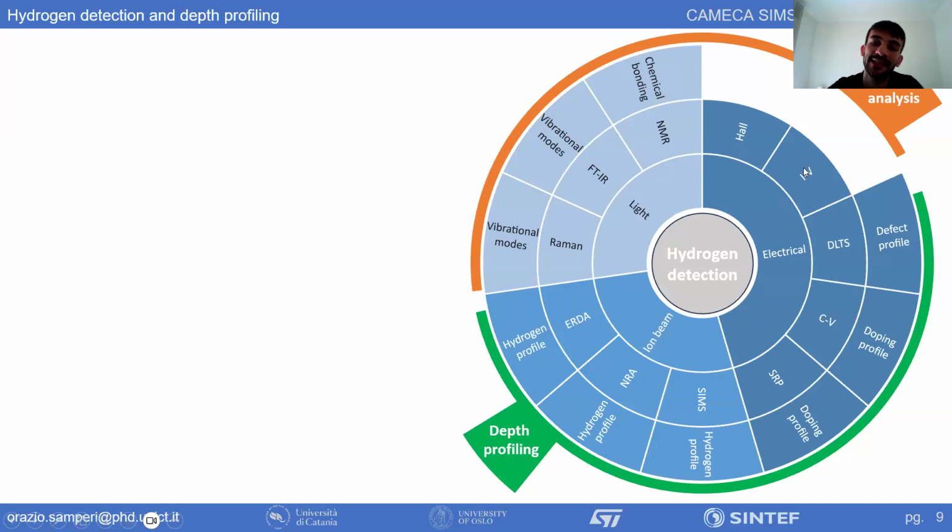But these techniques are not suited to make profiles. So you don't have basically a depth resolution. While you have a series of other techniques that can be used for depth profiling. And we can divide these into ion beam techniques and electrical techniques.